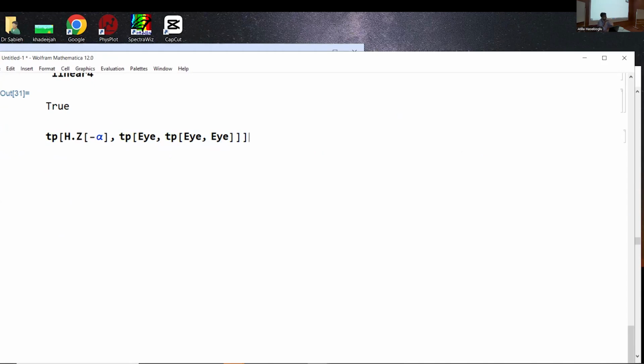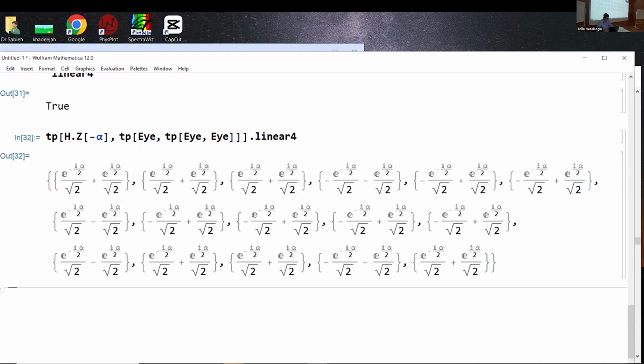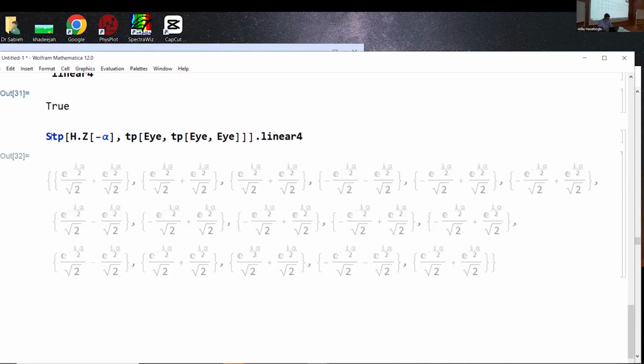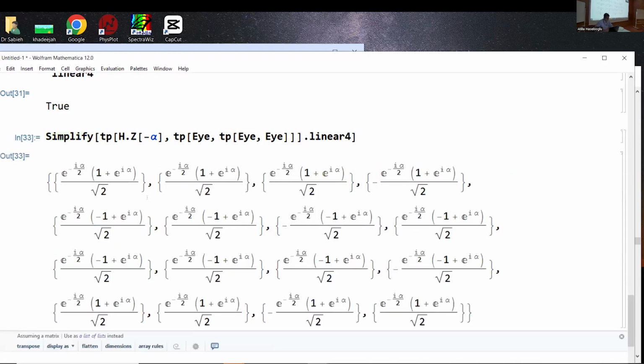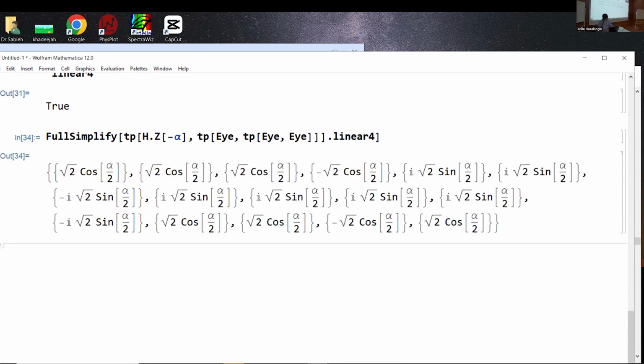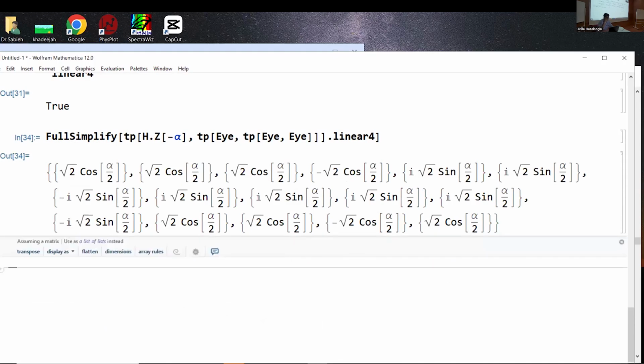This is just a basis rotation on the first qubit, and it applies to my input state linear 4. I simplify this a little bit. I don't worry about the normalization factors, but this is the state that I get.